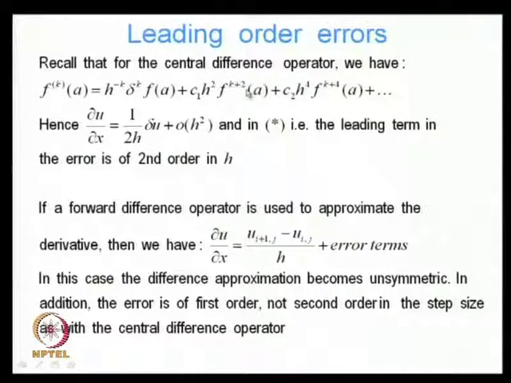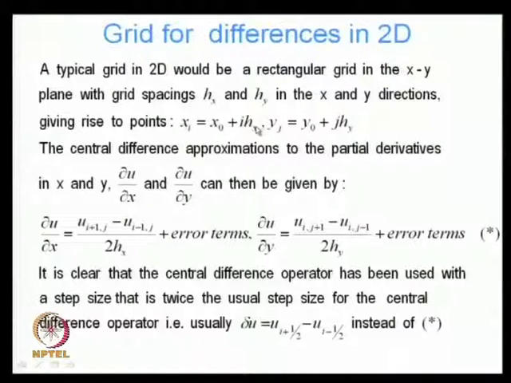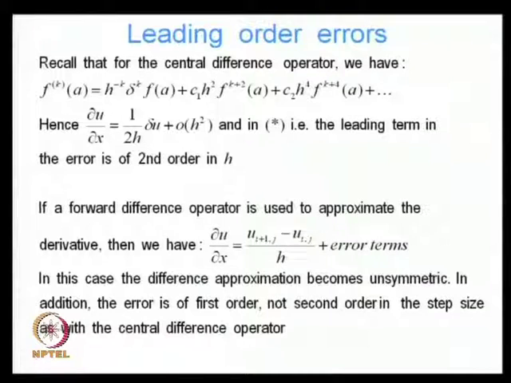Is that clear? We have this 2 again because we have taken twice the step. So it is clear that in this expression the error terms are of order h square. So, this is second order accurate.